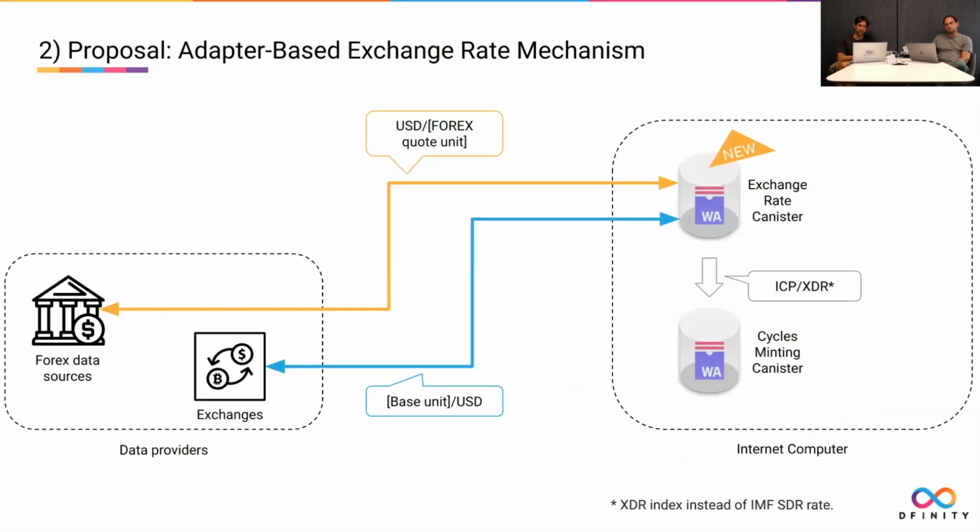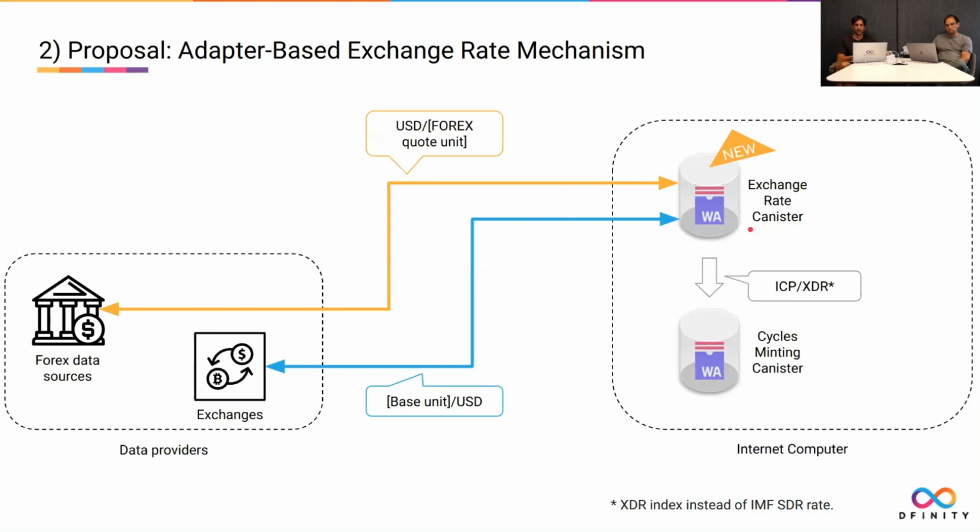So making use of this mechanism, the high-level view of our proposed mechanism is very simple. We still have our data providers. So we need Forex data sources, and we still need the exchanges, but there's nothing in the middle anymore. We simply have a new canister, which we call the exchange rate canister.